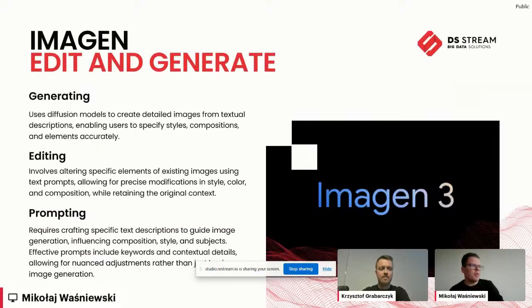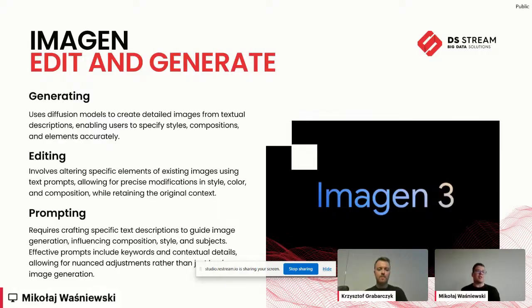Okay, now let's talk about Imagen. Imagen is a flagship model from Google, which is used for image generation. With Imagen, you can generate photorealistic, high-quality images from simple text prompts. And you can not only generate, but you can also edit existing images by doing some slight modifications and small changes in the original image.